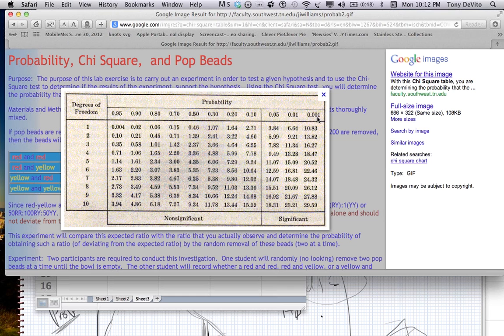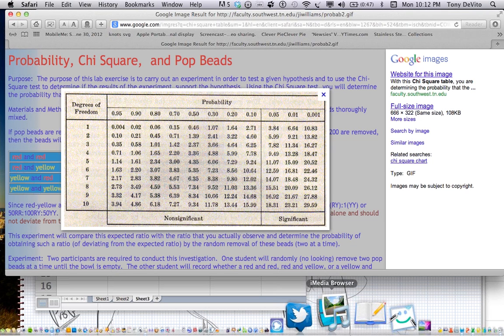So you could even, if you wanted to be a little fancy, say, well, if I get a chi-square value of 5, the probability of being wrong if I reject the null hypothesis is between these two chi-square values, 1 degree of freedom. So that means I'm somewhere between 5% and 1% chance of being wrong if I reject the null hypothesis. Okay, so you could use it that way.